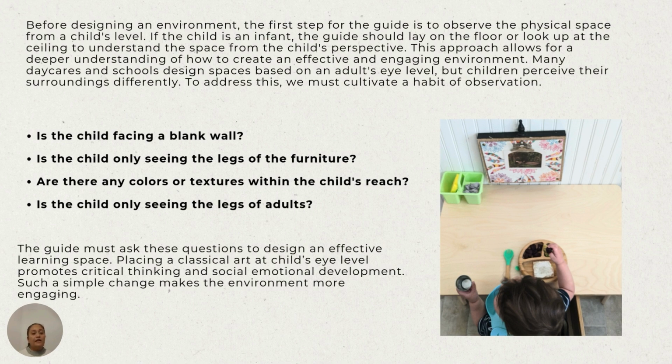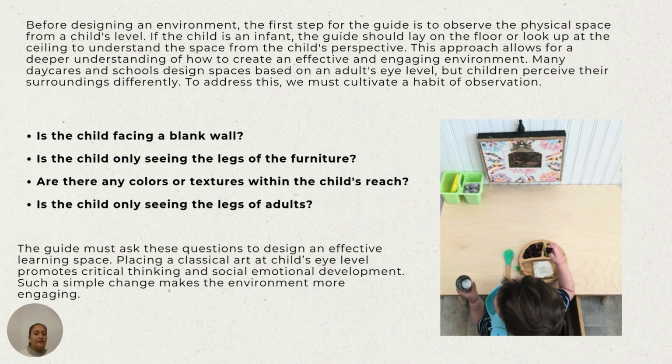And it was a very effective exercise because I got to see, oh, the only thing the child is seeing here is the legs of the furniture, or they're just staring at the blank wall, or they're still staring at the ceiling, right? So it's very important for us to understand what we are putting in our environment and where we are putting it.